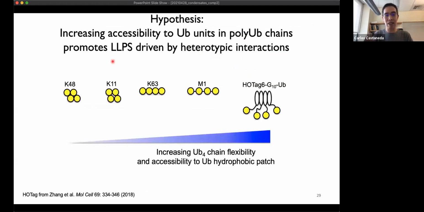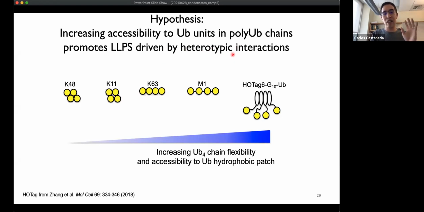So we hypothesized that if we increase the accessibility of these ubiquitin units, that would promote phase behavior that is partially driven by homotypic interactions with ubiquilin at lower concentrations, and at the higher concentrations we're now involving heterotypic interactions as well, all right?